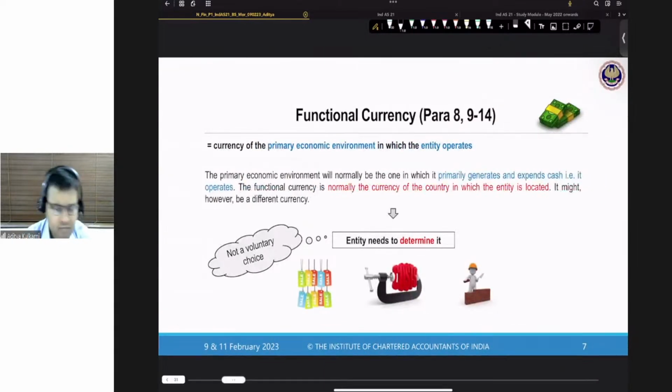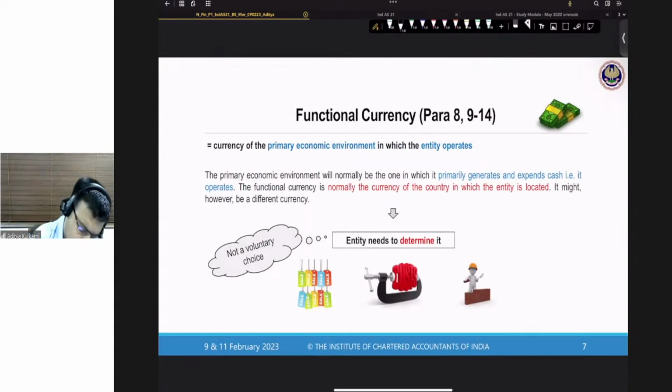Now coming to the types of currencies, Ind AS has prescribed three different currencies. The first one and the most important one is the functional currency. The most vital starting point of Ind AS 21 is identifying what your functional currency is. This is the most vital discussion that we will be having.